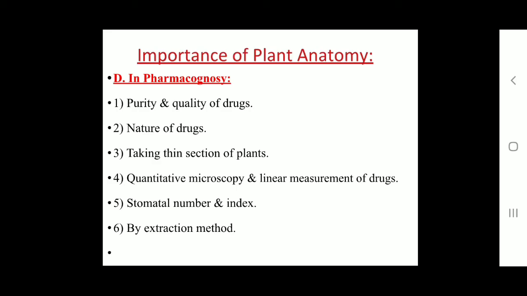Pharmacognosy is an applied branch of botany which deals with the biological, biochemical and economical features of natural drugs and their constituents. It is a study of drugs that originate in the plant and animal kingdom.